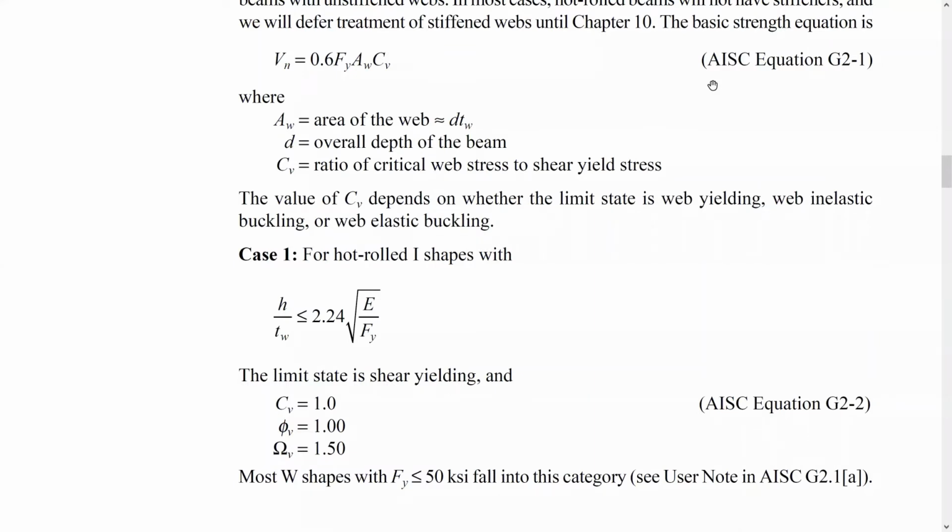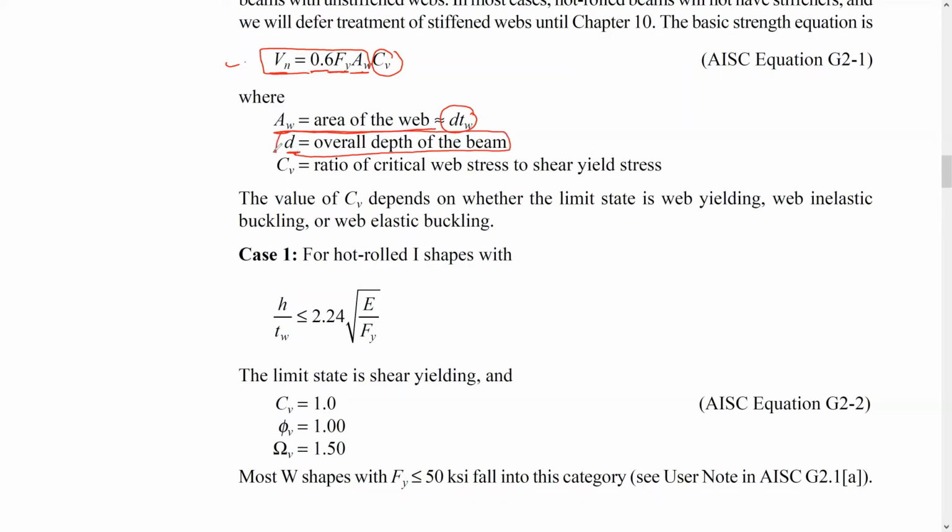So this is the basic shear strength equation, which is V sub n equals 0.6 times Fy times the area of the web times C sub V. These we got previously. It's the basic one, and the area of the web is d times the thickness of the web, and d here is the overall depth of the beam.